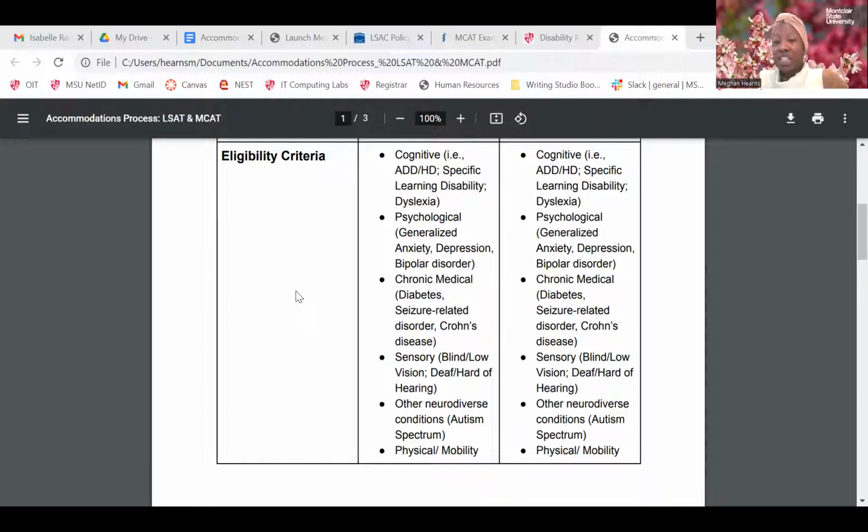Sensory related conditions: blind and low vision, deaf, hard of hearing, mobility challenges. There could be a sensitivity to light based on a traumatic brain injury or concussion that could also result in some other accommodations not listed in this handout.